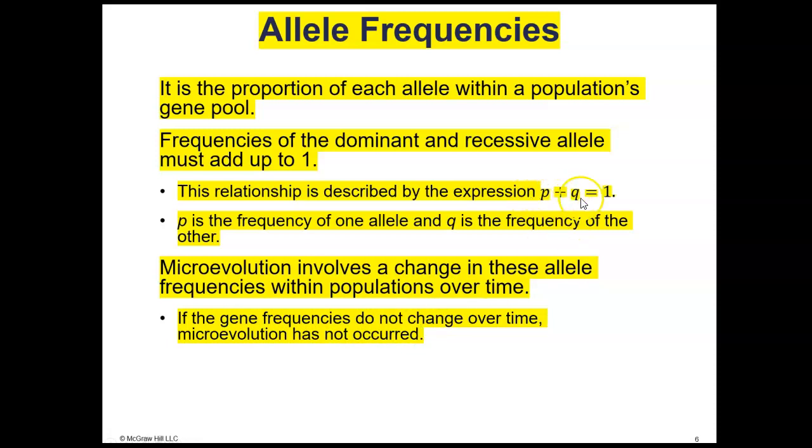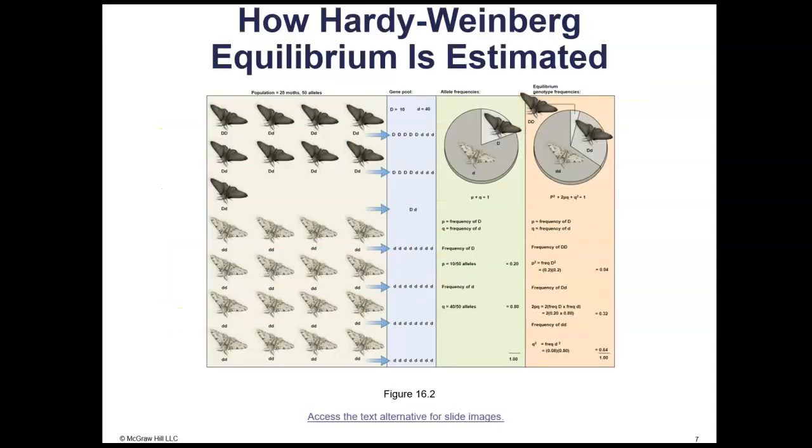So what we do is we look at P and Q in 1 year, and then we look at the frequencies of P and Q the next year, and if there's a change, microevolution has occurred. And the greater the change, the greater the extent of the microevolution. This is a part of Hardy-Weinberg equilibrium.